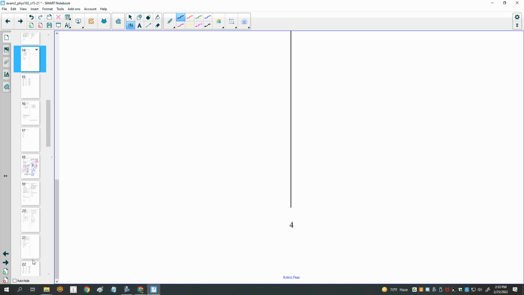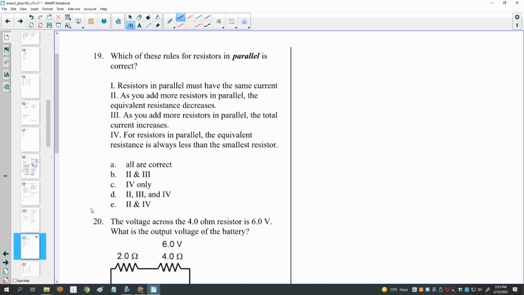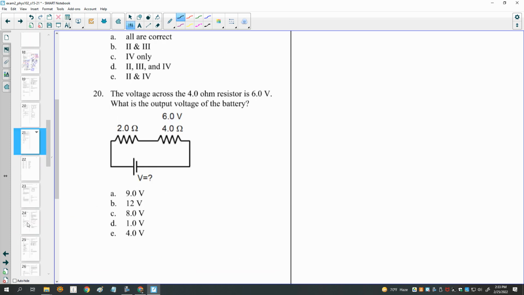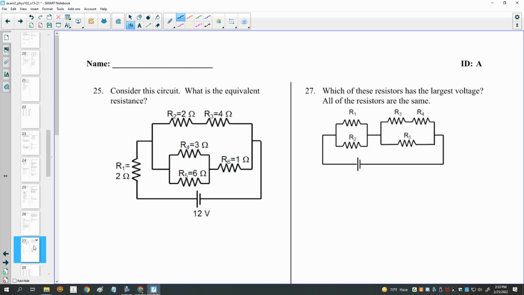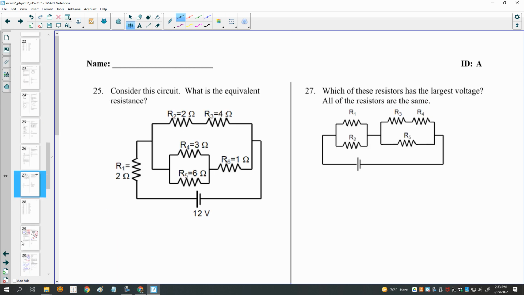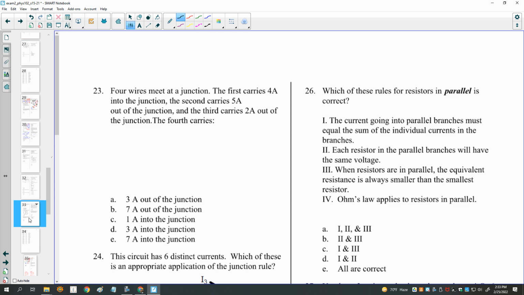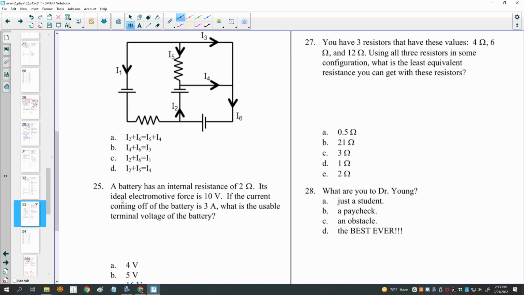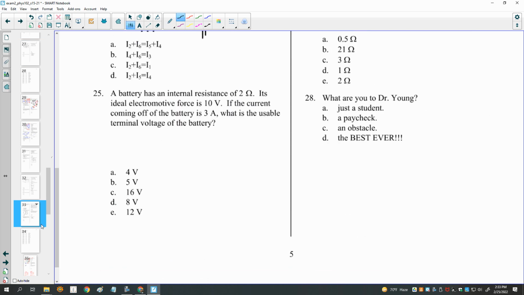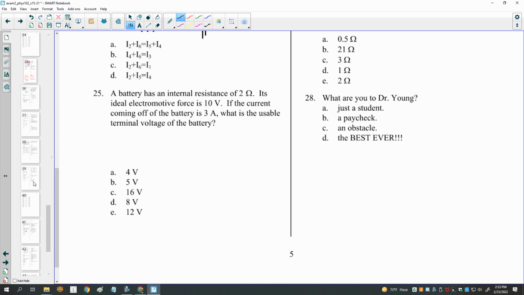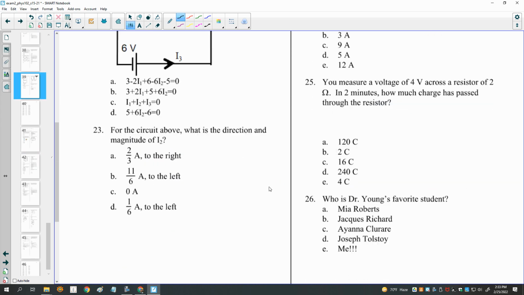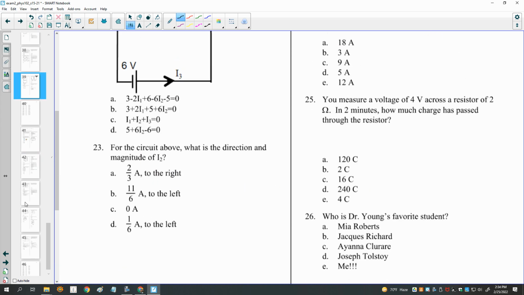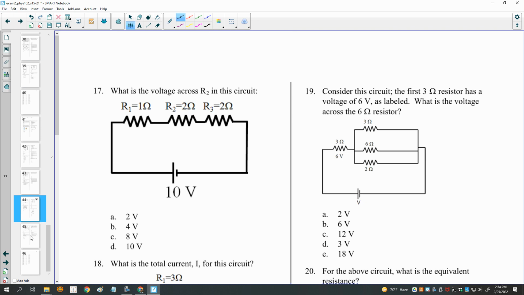I think more recent exams have not been getting to home circuits. Yeah, I don't see any home circuits. Really, if you see anything about your household, circuit breakers, GFCIs, those sorts of things. Yeah, I don't see any here about home circuits.